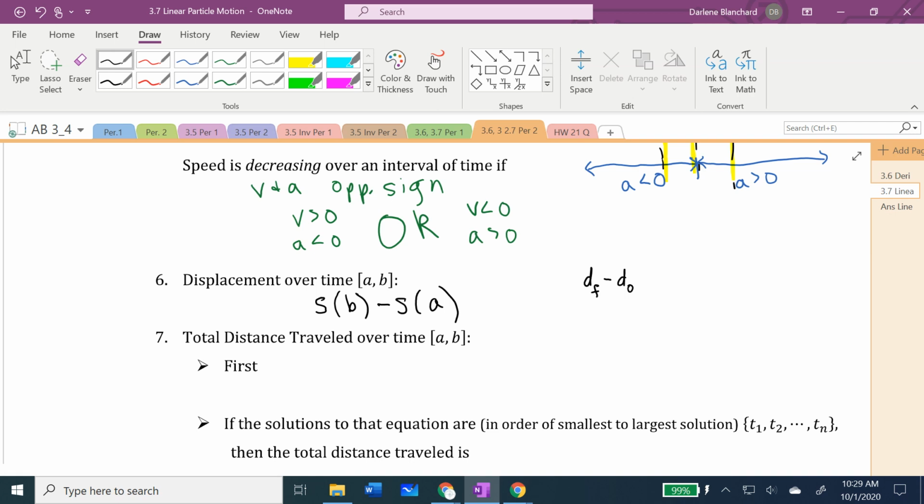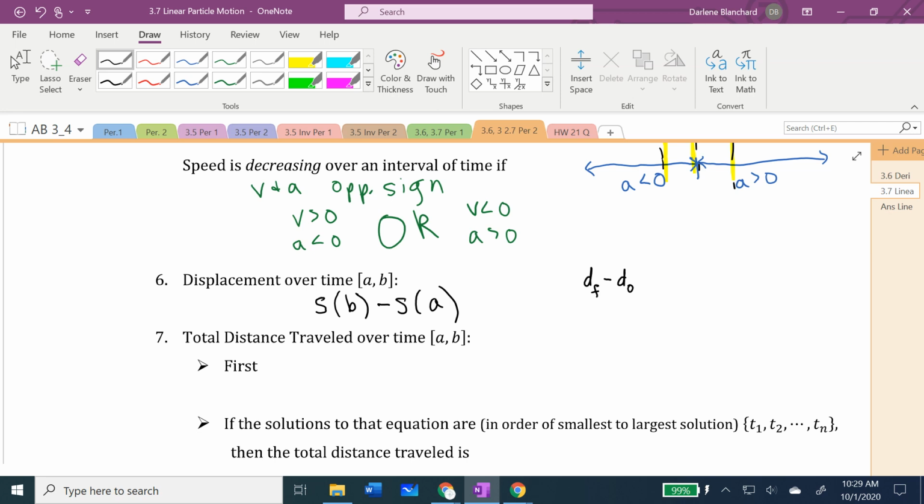If you are asked, however, to find total distance traveled, it's a little bit more complicated because if you're going back and forth on a line, the displacement will not tell you at all that that happened. You have to find when you are, quote, at rest.